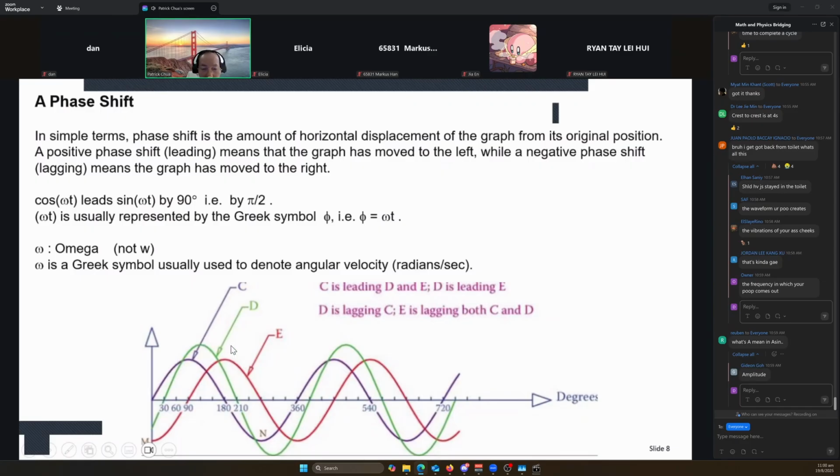In control and mathematics, you see terms like phase shift: this waveform is leading, that waveform is lagging. So now you should understand what it means.